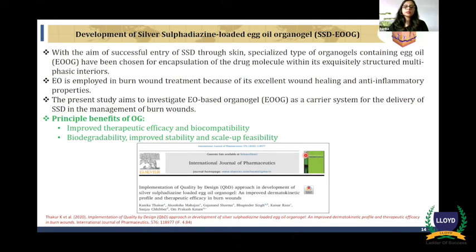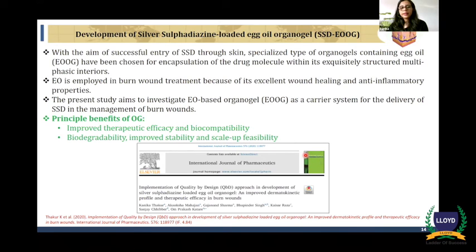So in this case, I have employed an excipient, egg oil, which is composed of omega-3 as well as omega-6 polyunsaturated fatty acids, and it has a great number of wound healing properties.